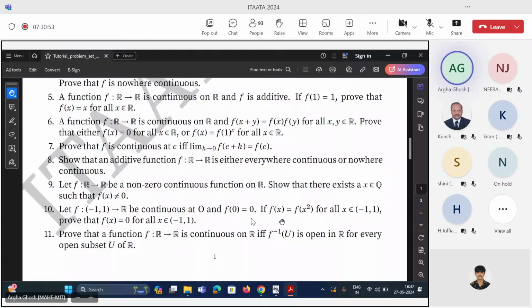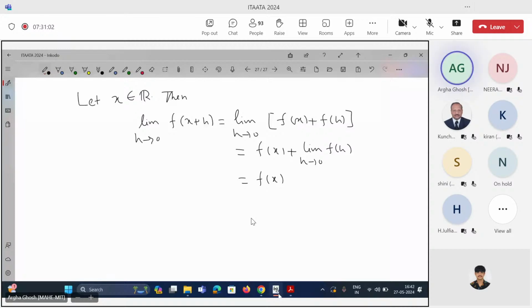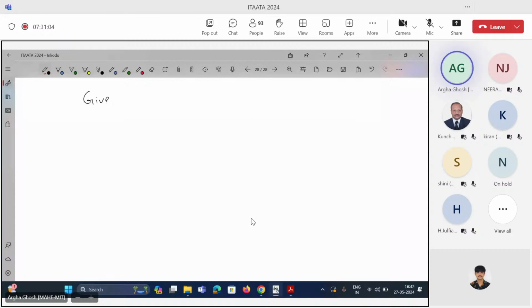Can you derive that type of result? So what I am saying, okay, let me be clear. Let's suppose I give you that f of x plus y is f of x into f of y.